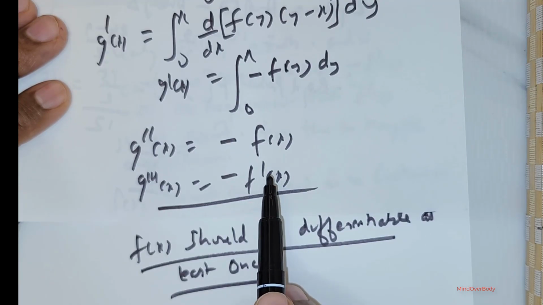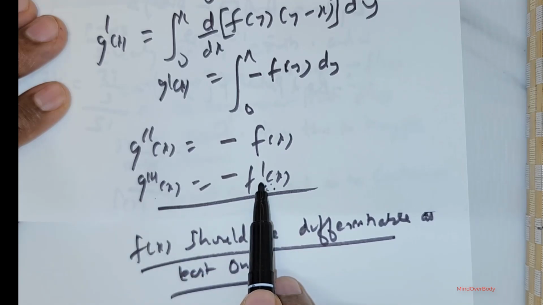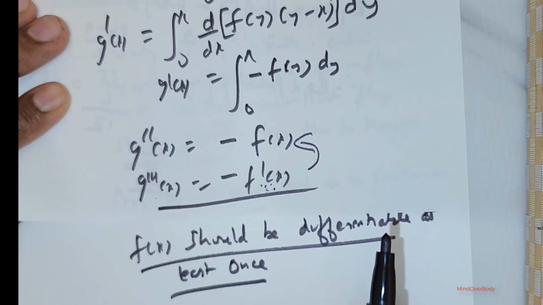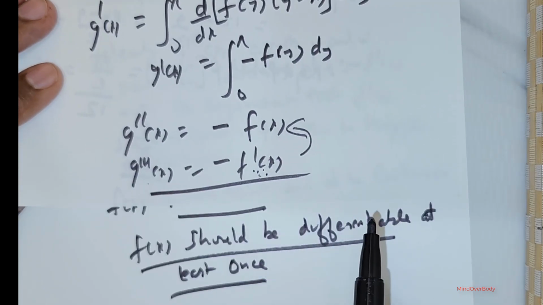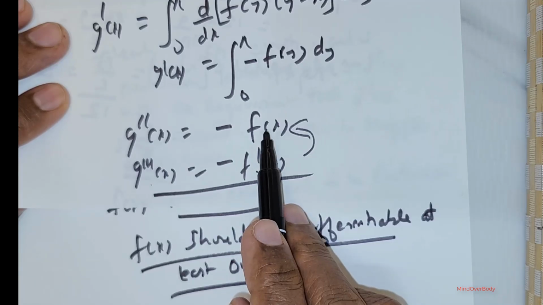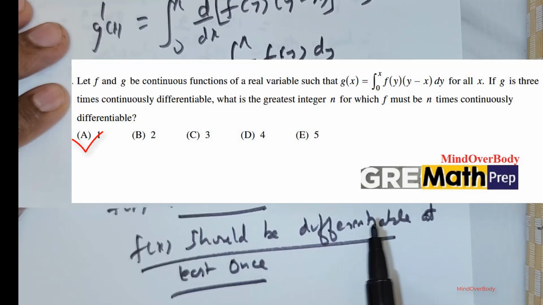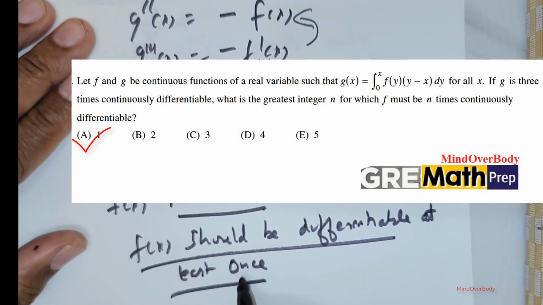Only if f dash of x exists, g triple dash of x is going to exist. So the requirement is how many times f has to be differentiable to reach this point. So it should be differentiable at least once.